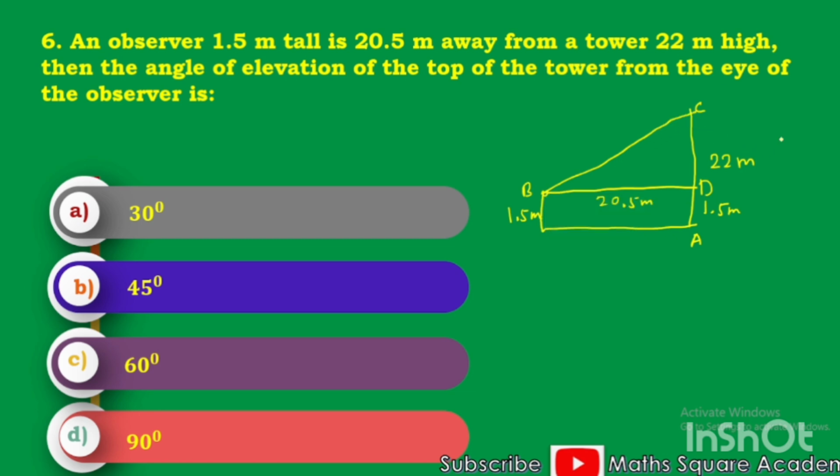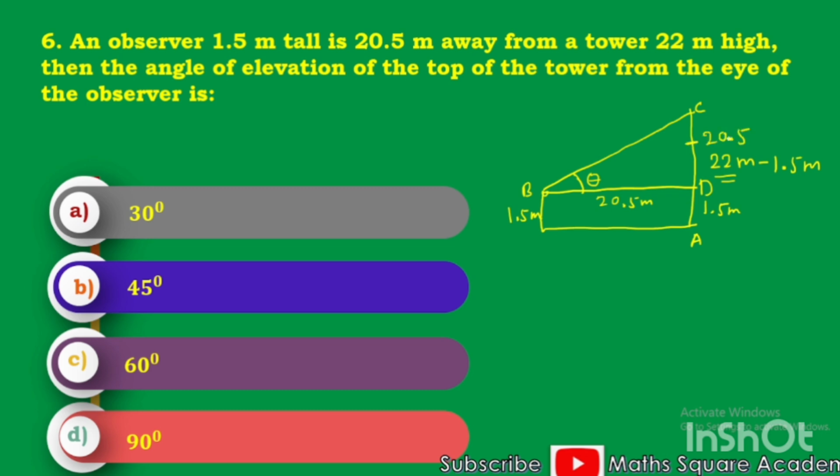So here is the angle of elevation, this theta we have to find. For that, first you have to find the height of DC. AC you know is 22 meter. From that you subtract 1.5 meter, so that will give you the DC length. So the DC length is 20.5 meter.